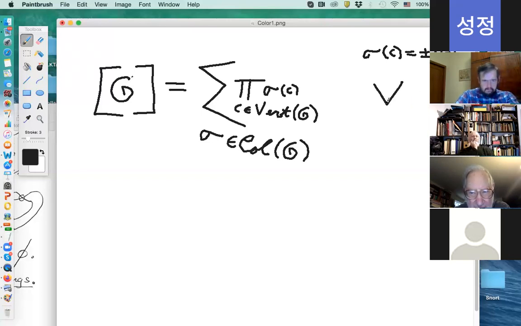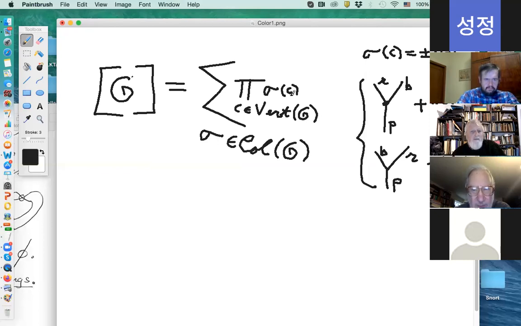And if we have the color in the form red, blue, purple, then it will be plus the square root of -1. And if we have the coloring in the form of blue, red, purple, the opposite cyclic order, then it will be minus the square root of -1. That defines sigma. So these are plus or minus square roots of -1.